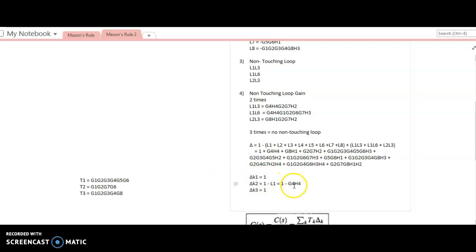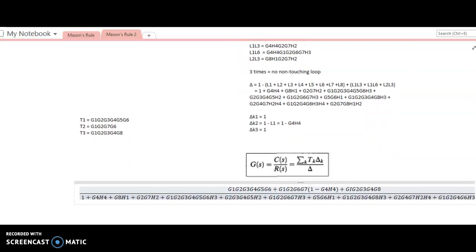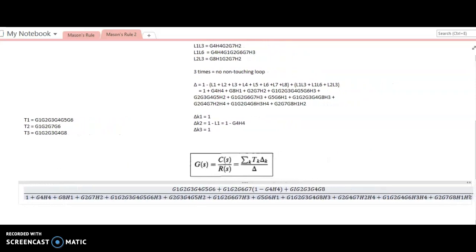So 1 minus G4H4. Maksudnya, dalam dia punya forward path tu ada loop yang tak touch. So you just minus kan yang tak touch tu. And then everything dah dapat, so you just masukkan dalam equation ni. Lastly awak akan dapatlah jawapan ni. Panjang jawapan dia.